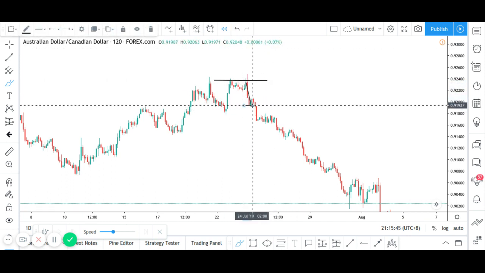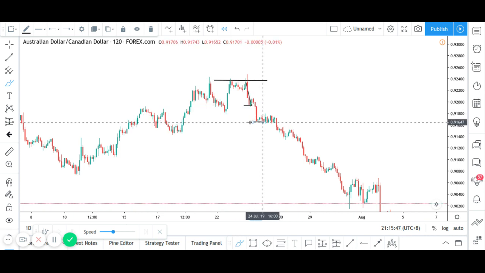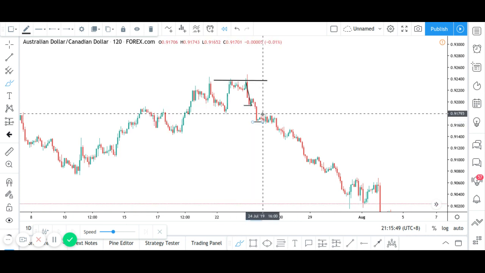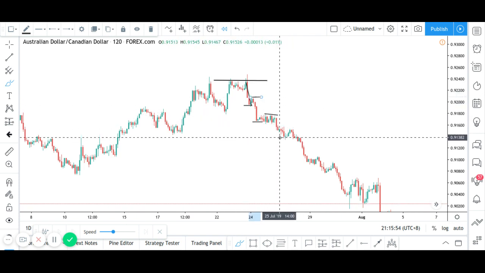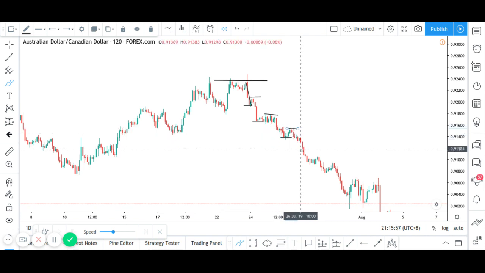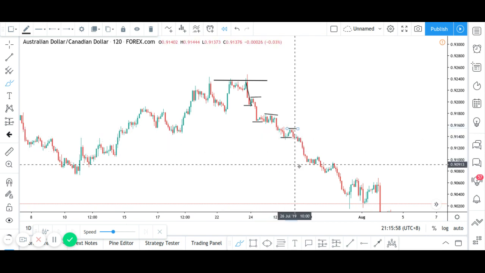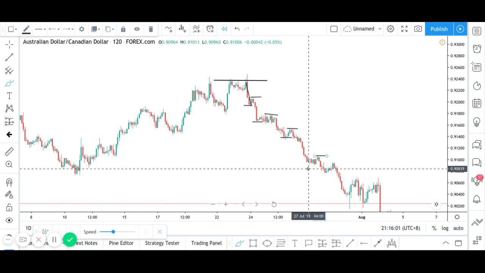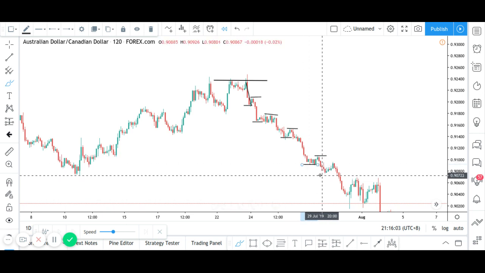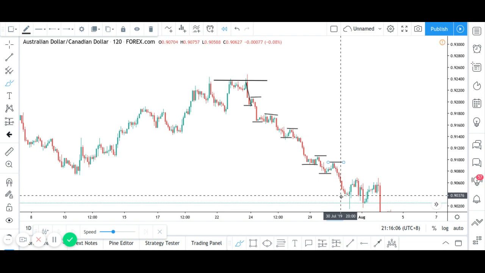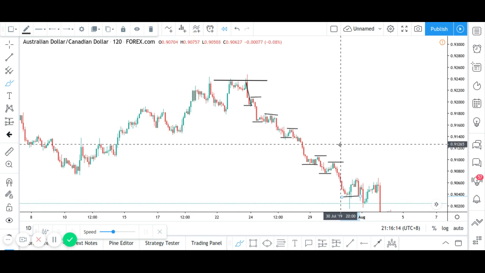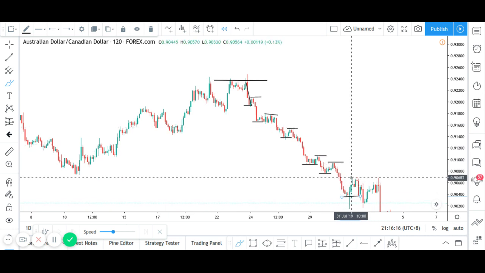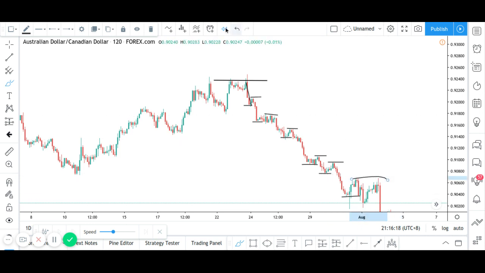It printed this low, then it printed the next lower low and also a lower high. Lower high, lower low, lower high, lower low, lower low, lower high, and then lastly a lower low, and also the last lower high over here.